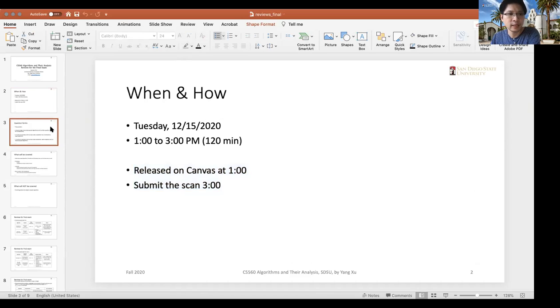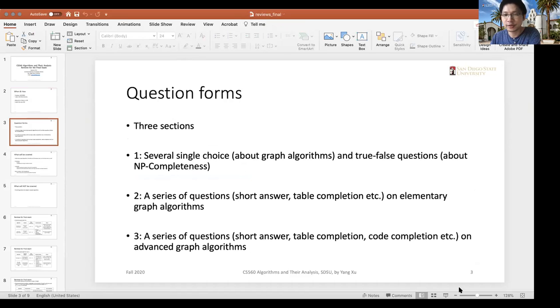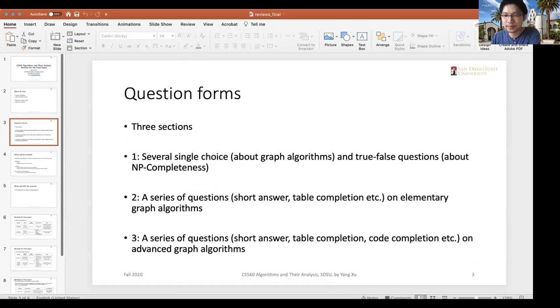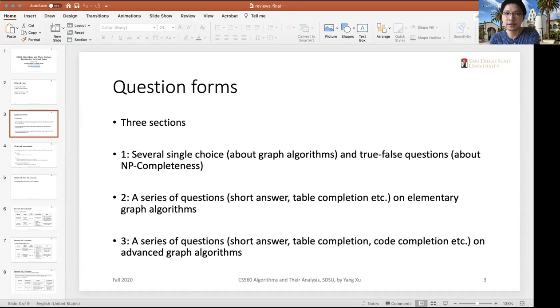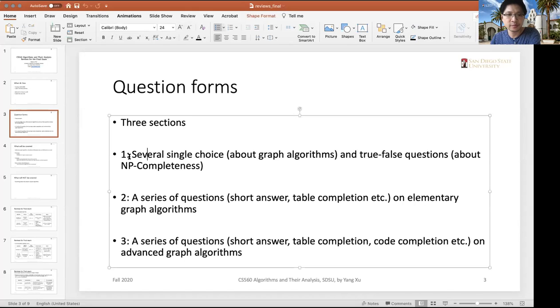All right. So let's look at the questions. I will have all the questions in 3 sections. Okay. So the first part, there will be some single choice questions about graph algorithms and some true false questions about NP completeness. Okay.